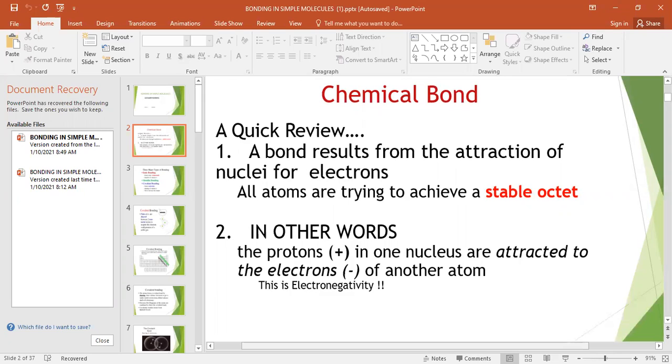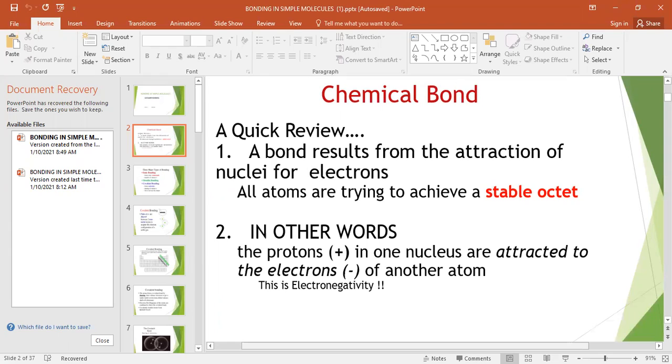One hydrogen joined with another hydrogen, one chlorine joined with another chlorine, nitrogen joined with hydrogen. So this line actually represents what? Chemical bond.